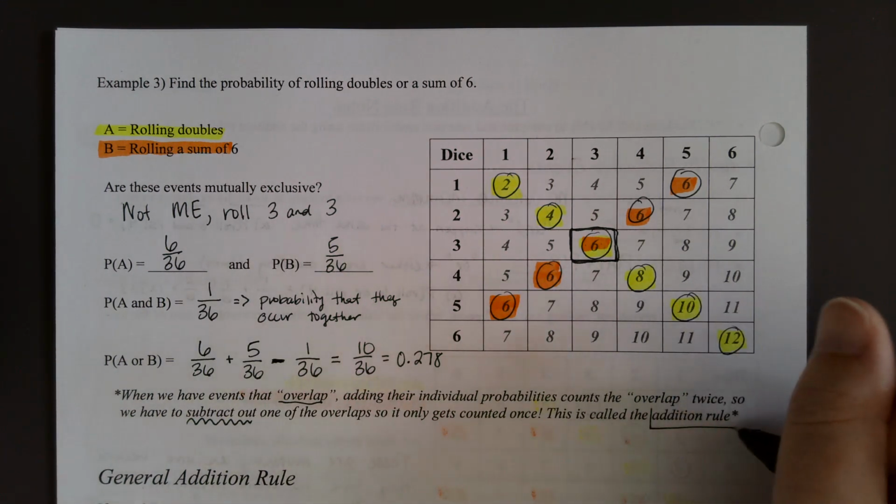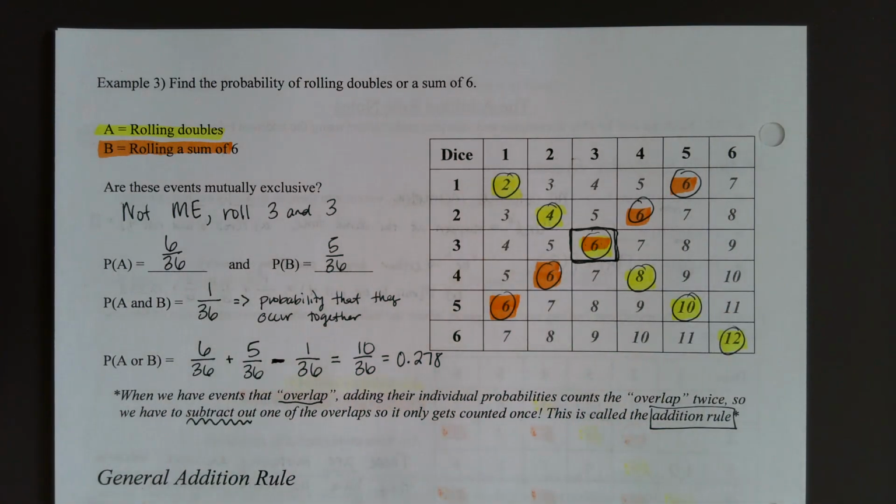This is called the addition rule, or the general addition rule. It's going to work for mutually exclusive and not mutually exclusive events, because the probability of A and B happening when we have mutually exclusive events would just be 0 anyway. So we're not going to be subtracting out any overlap because they have no events in common.